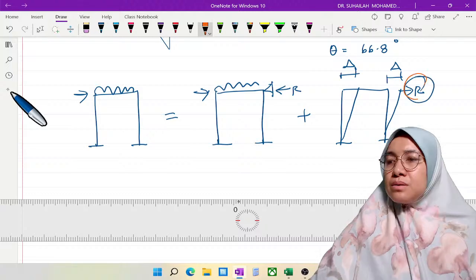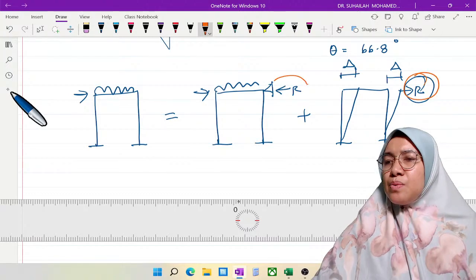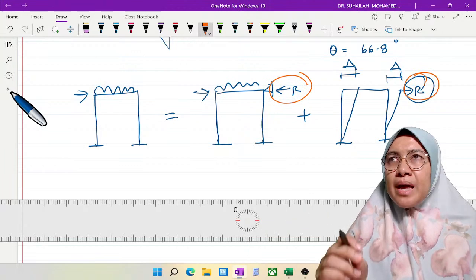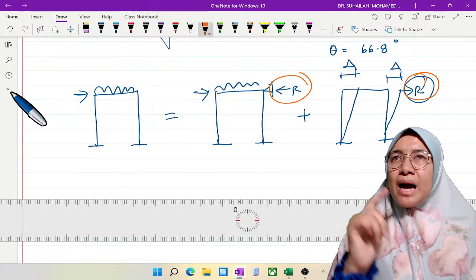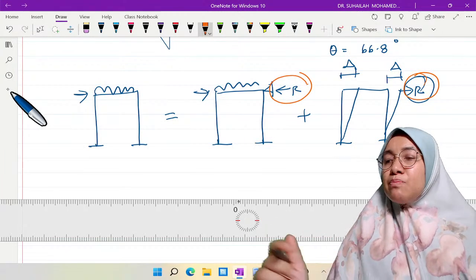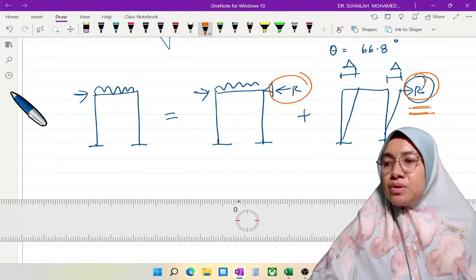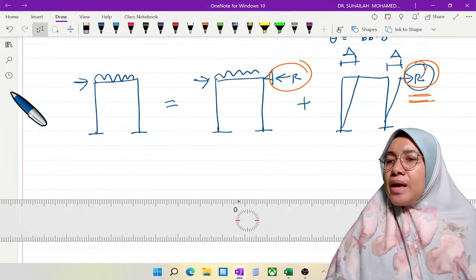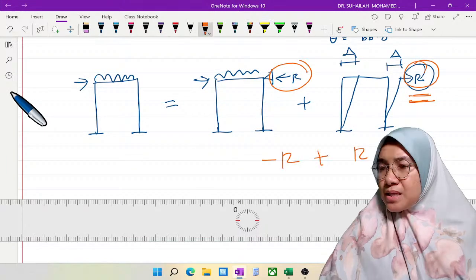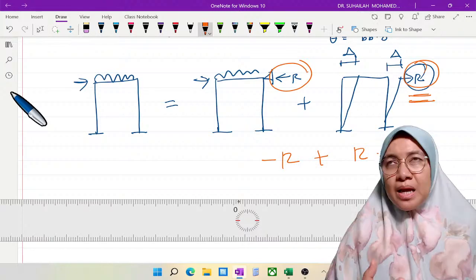And this R, we actually get from table number 1. The R value that we calculated will be used here. So here we have negative R plus R. But what we analyze under step number 2, table number 2, is not this.